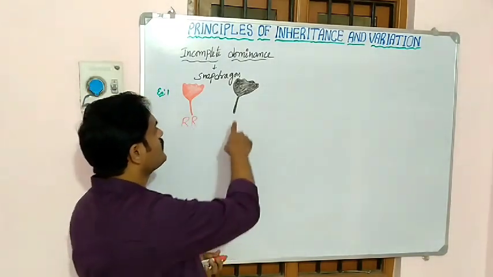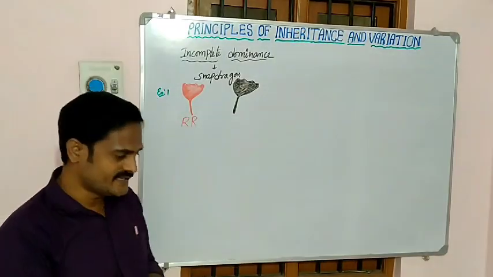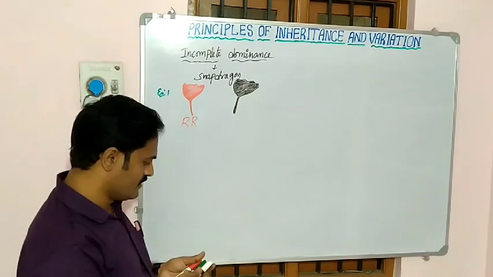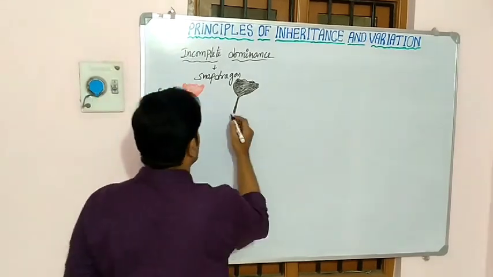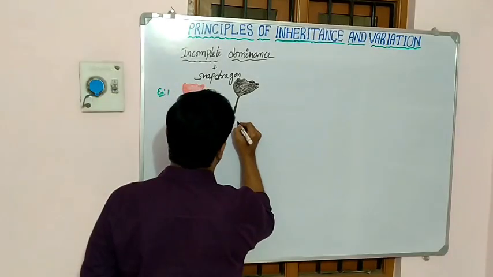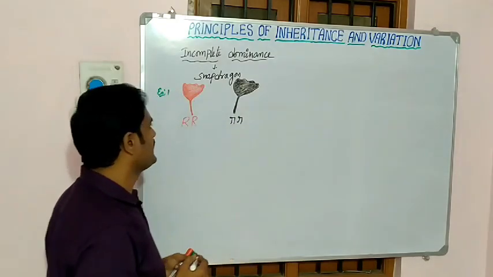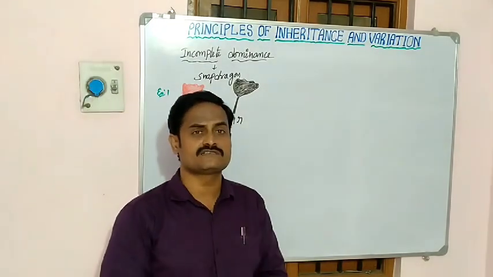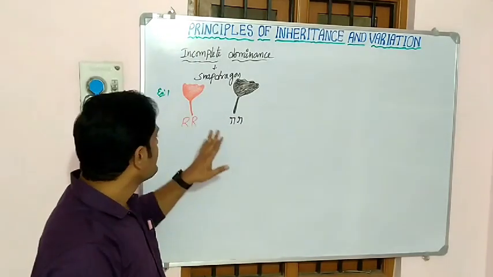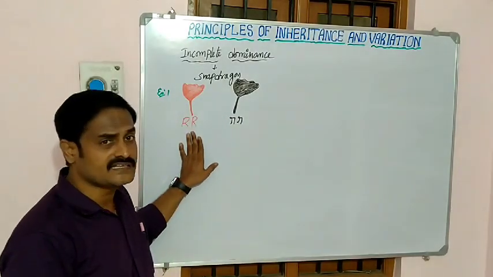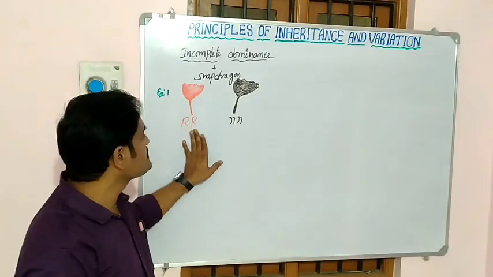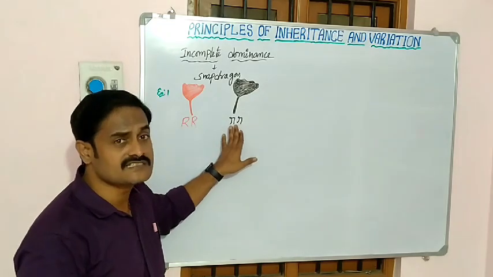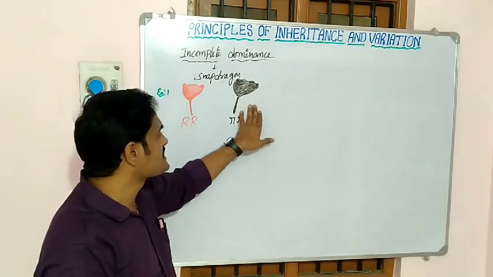What about white color? White color we write as small r and small r. Always, the same letter we use for the dominant character, we write in small letters for the recessive.